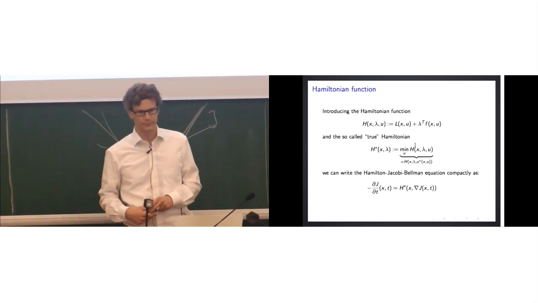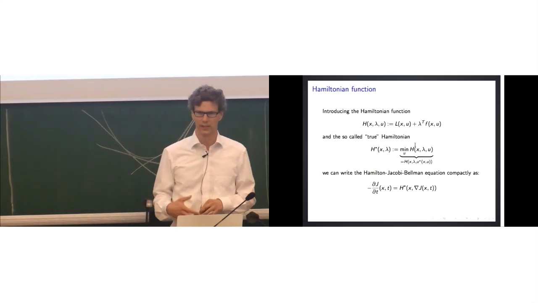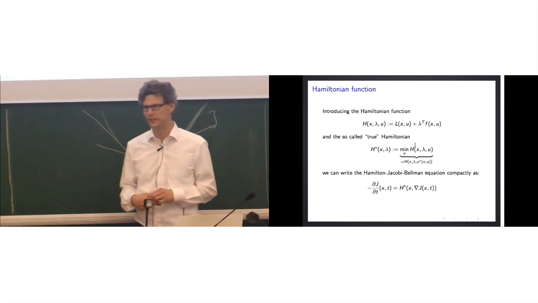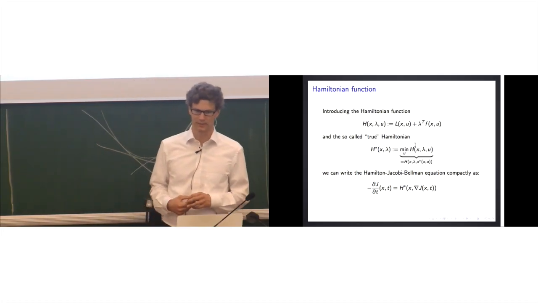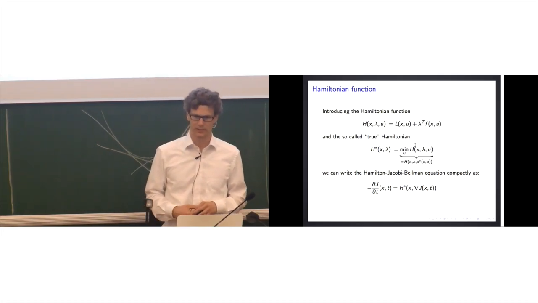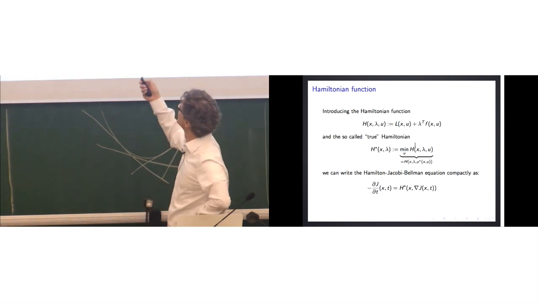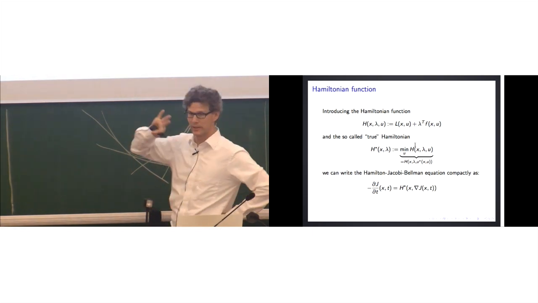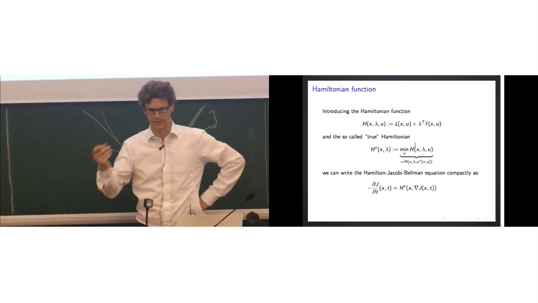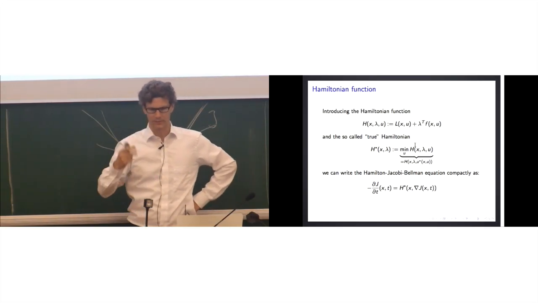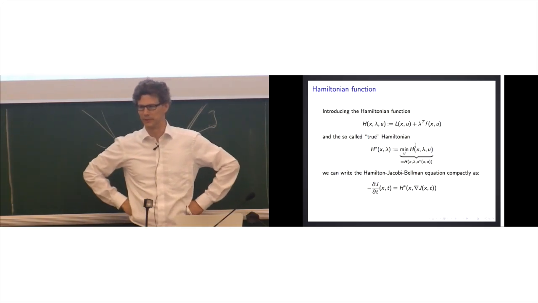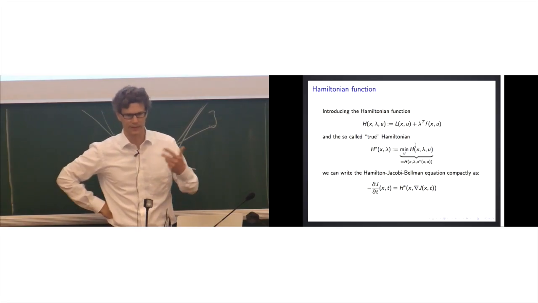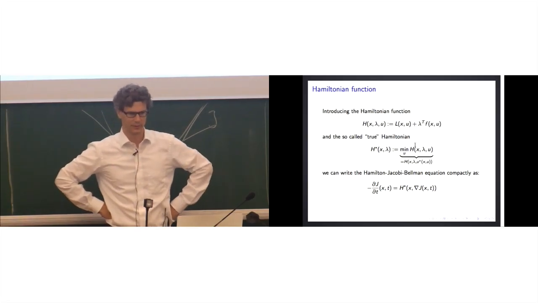But when you minimize over u, which in many cases you can do explicitly, at least in toy examples or in mathematical toy examples, then very often in the literature this is called h star of x and lambda. So it doesn't depend on u anymore because you minimized already over it. And sometimes that's called the true Hamiltonian in some papers. It's just the Hamiltonian evaluated at the optimal value u.